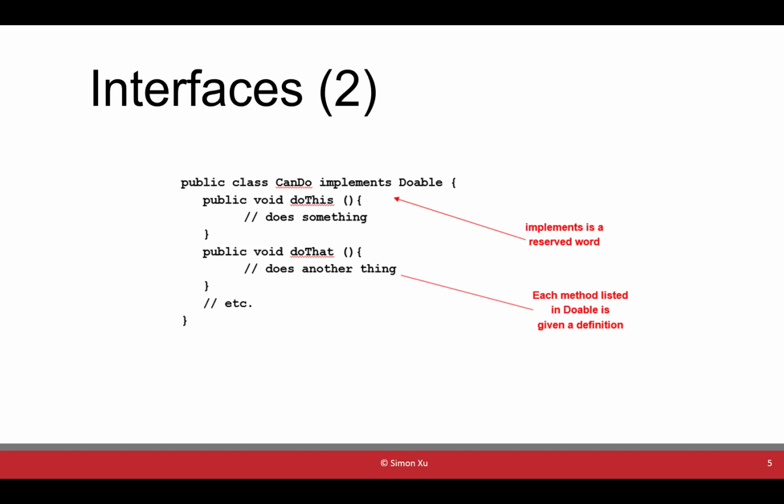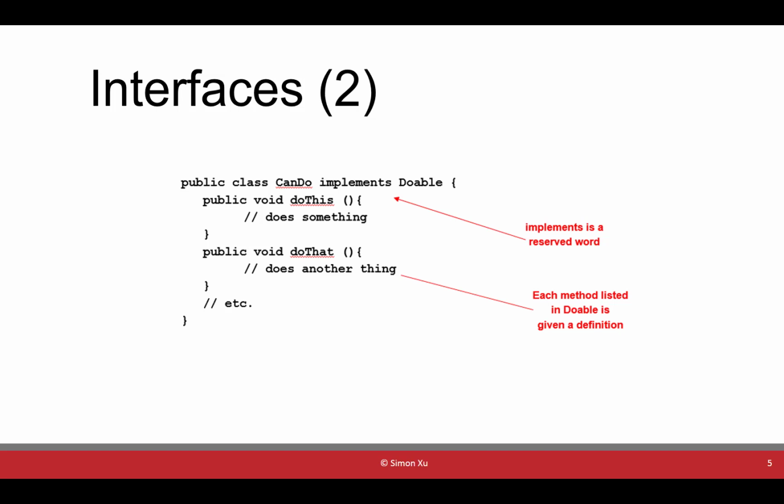A class formally implements an interface by stating so in the class header, providing implementation for each abstract method defined in the interface. Of course, a class that implements an interface can be final or abstract, just like any other class.